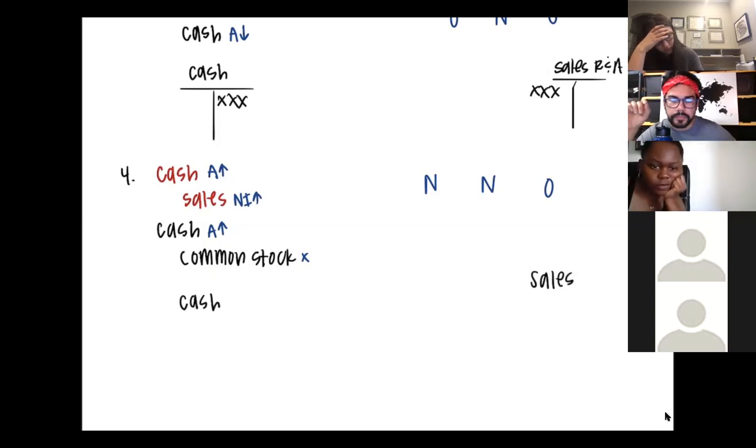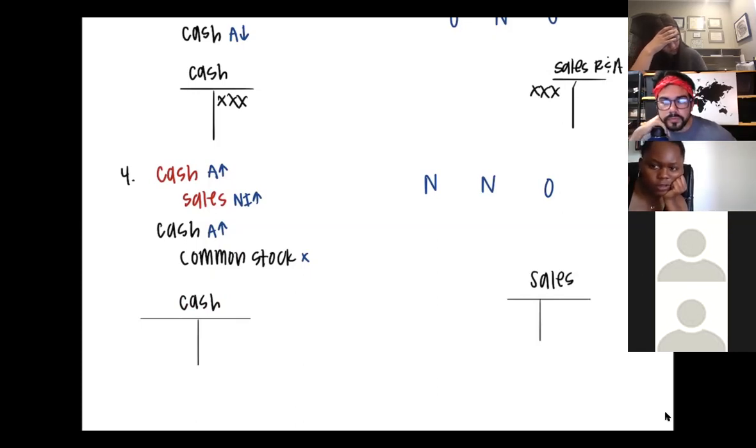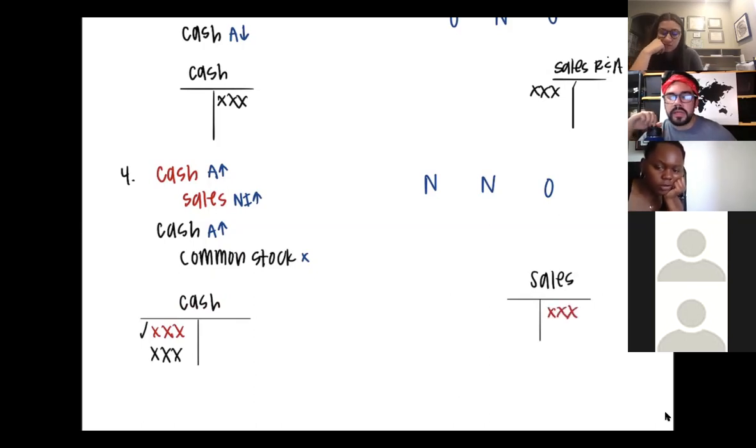I have a question. Yeah, what's up? You said common stock, does that affect net income or no? It's part of the same account group as net income, which is the equity account, but it's not associated with net income. So it doesn't affect anything.